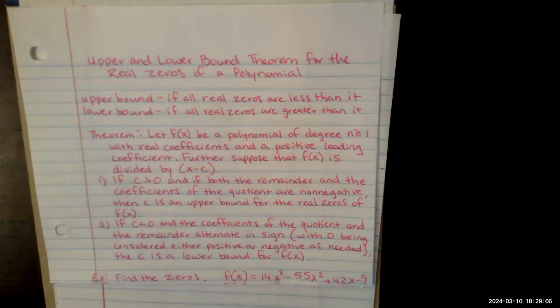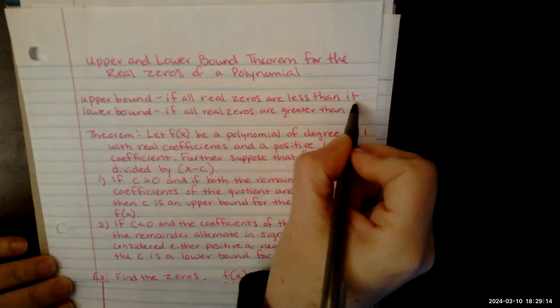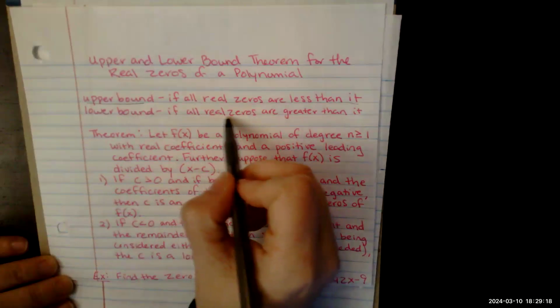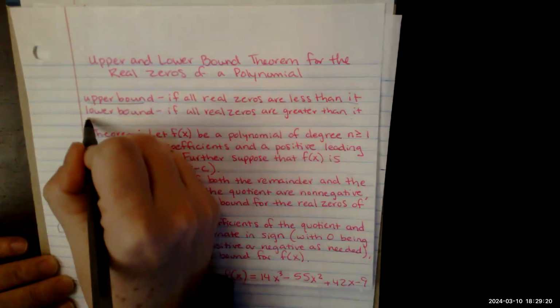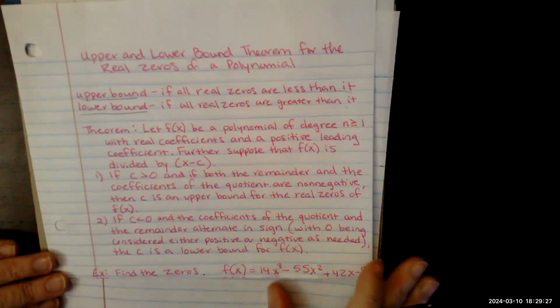So we want to try to find these upper bounds and lower bounds to kind of cut off some of our choices. So upper bound, if all real zeros are less than it, it is an upper bound. And if you have a number that all the real zeros are greater than it, we're calling that a lower bound. So again, these will just cut off the numbers so that you can hopefully have less to pick from.